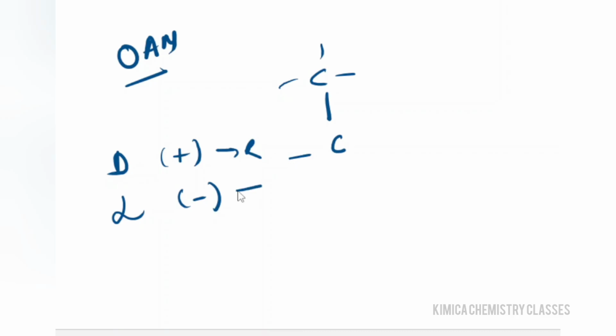In levorotatory, plane polarized light is rotated to the left, or anti-clockwise. So this is about dextro and levo. Dextrorotatory rotates the plane of polarized light to the right, and levorotatory rotates it towards the left.